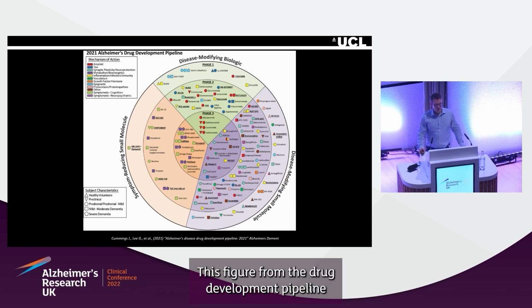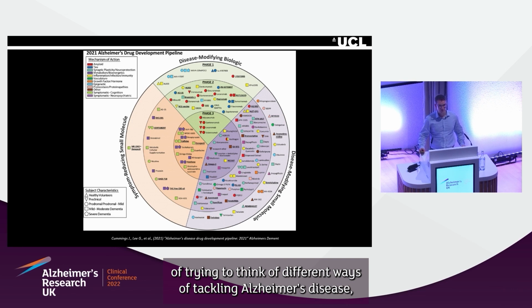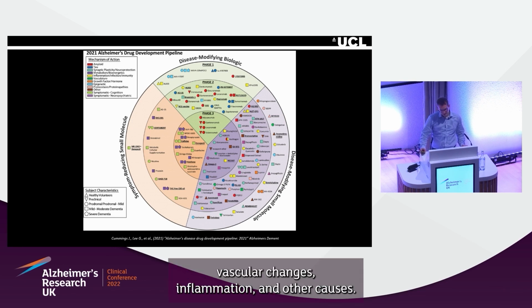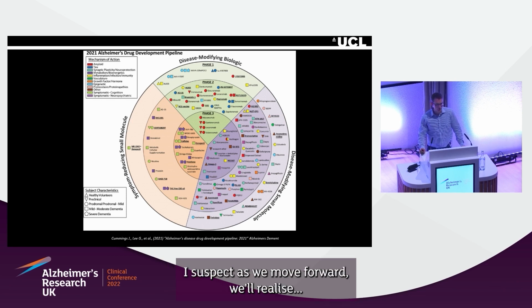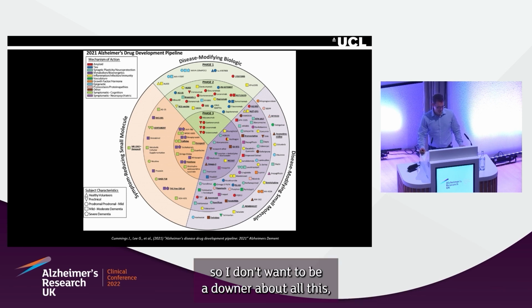Perhaps, but perhaps not. This figure from the drug development pipeline from last year shows that actually we're doing quite a good job of trying to think of different ways of tackling Alzheimer's disease, be that through amyloid, tau, vascular changes, inflammation, and other causes. And I suspect as we move forward, we'll realize, I'm normally a glass half full person, so I don't want to be a downer about all this.